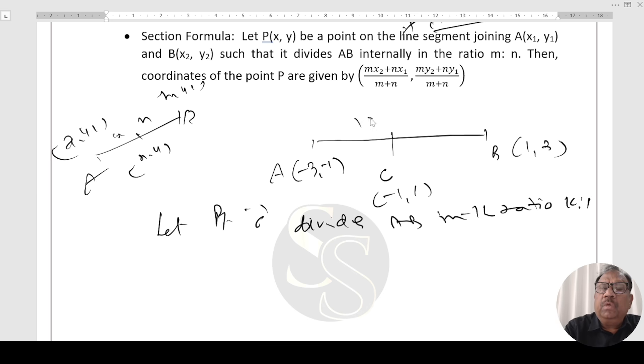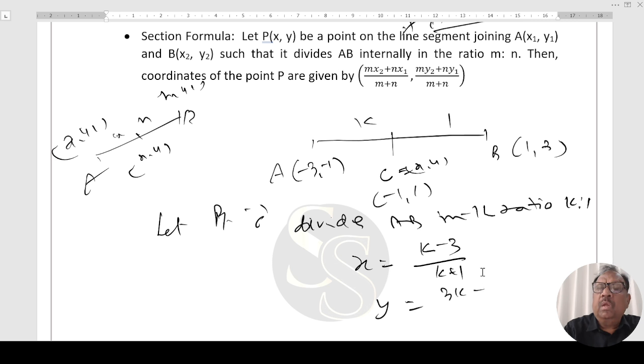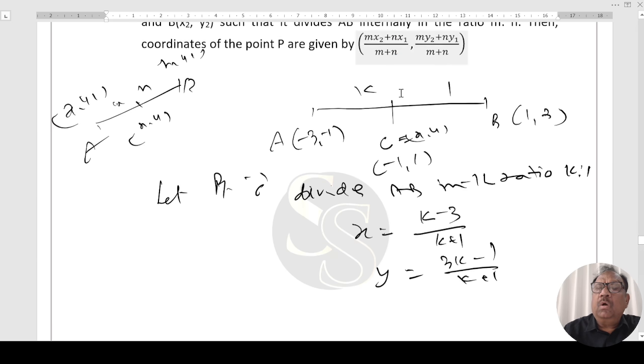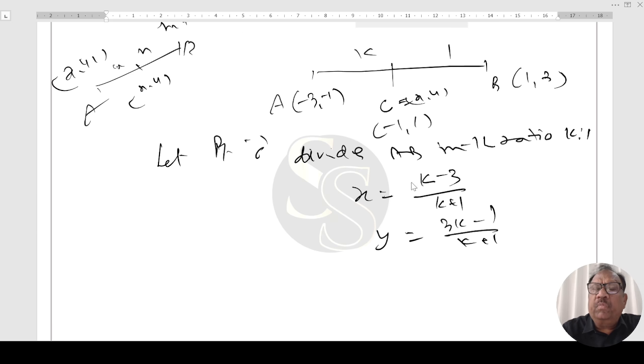Similarly, let the ratio be k is to 1, then its coordinates (x, y) by section formula: x will come out to be (k minus 3) upon (k plus 1), and y comes out to be (3k minus 1) upon (k plus 1). Now we will find the value of k from this. If both values of k come out to be the same, then the points are collinear.